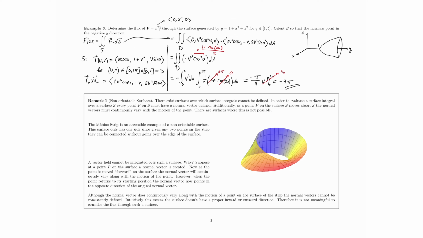So we are integrating from y equals 1 right here all the way to, I mean, again, this extends forever, it continues onward, but we're going to stop at the plane y equals 5. So this right here would be y equals 5. If our normal vector is oriented in the negative y direction, that means our normal vector looks something like this.